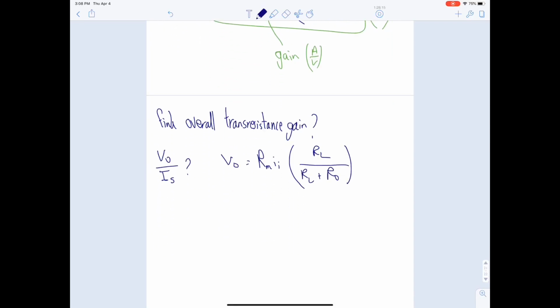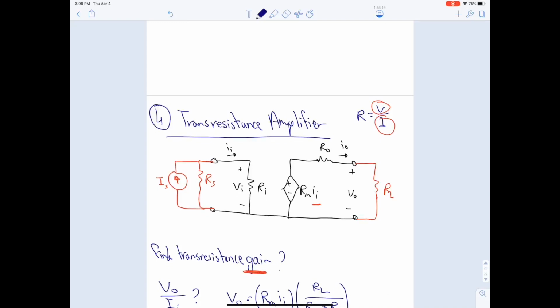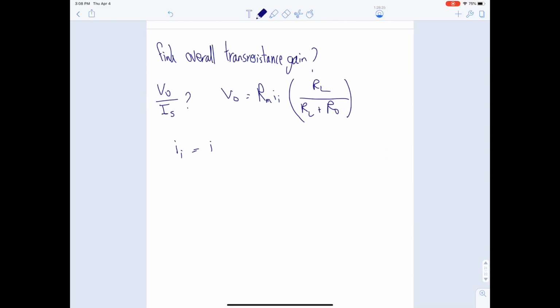Then Ii in terms of Is is current division. Ii is Is multiplied by Rs divided by the total. It's Is multiplied by Rs divided by Rs plus Ri. Okay, so now we need to substitute this entire thing into Ii. So what's the output now?